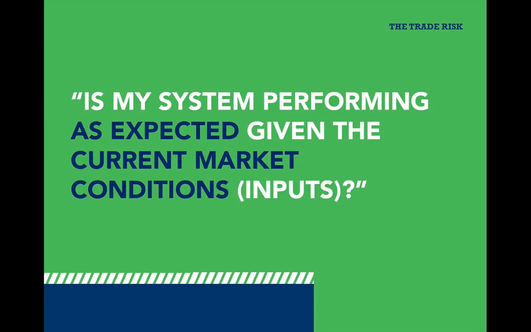If you know historically, and you have lots of occurrences, of your system performing well during uptrends, and all of a sudden you're in an uptrend and your strategy is losing you money consistently, that's something you need to refine, look into, and start to ask yourself, did something change here? Are my rules not in fact as robust as I thought? Has the market evolved in such a way that my strategy is no longer sort of in fashion or worth pursuing? Those are the types of situations where you need to really question that.